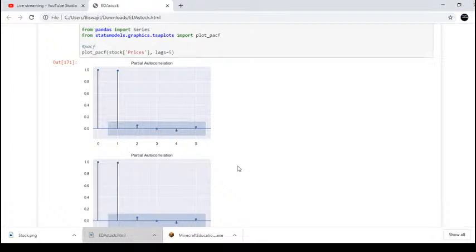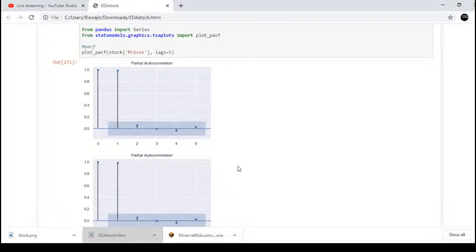and optimally build a model where the Akaike information criterion, AIC, is the lowest, or BIC. You can build multiple models with different combinations of P, Q, and I, and select the one that has the lowest Akaike information criterion, or what is known as model parsimony.